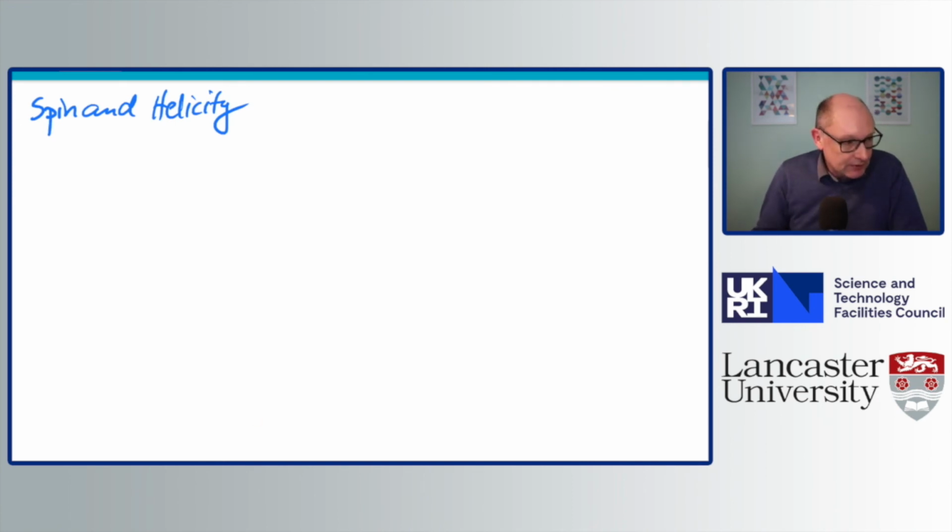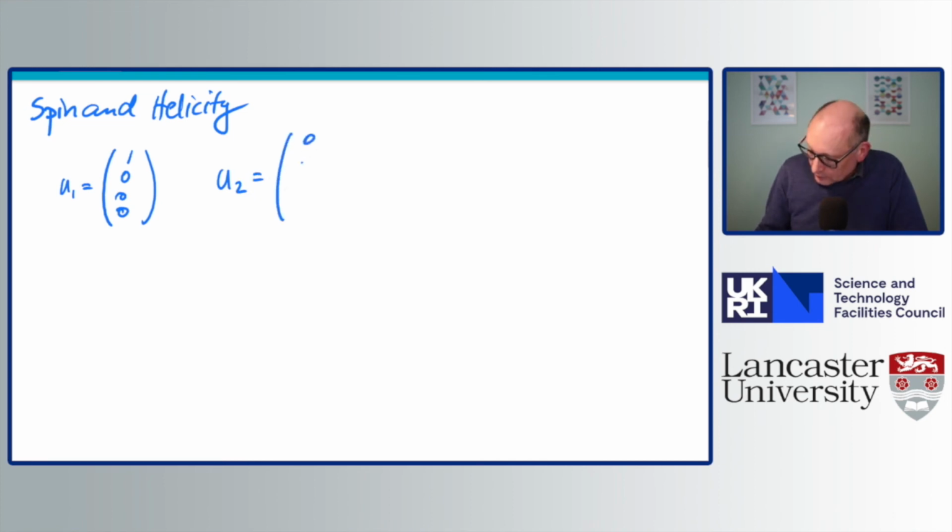But let's start by considering a particle, not an antiparticle, but a particle at rest. So we've got one solution, U1, for the spinor, which is 1, 0, 0, 0. And we've got another solution, U2, which is 0, 1, 0, 0.